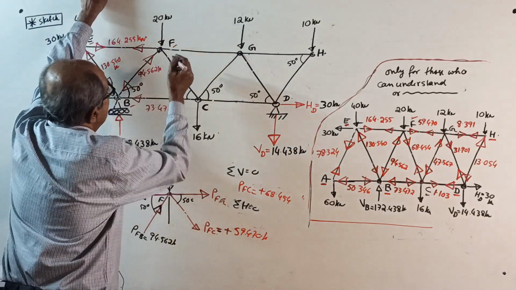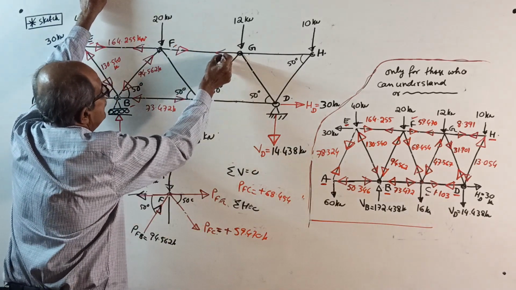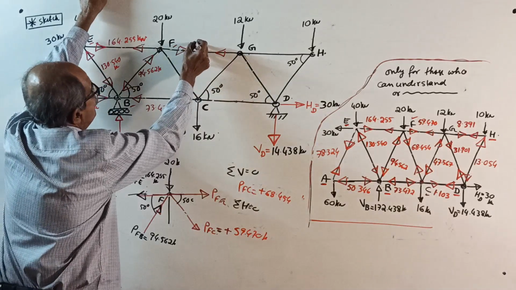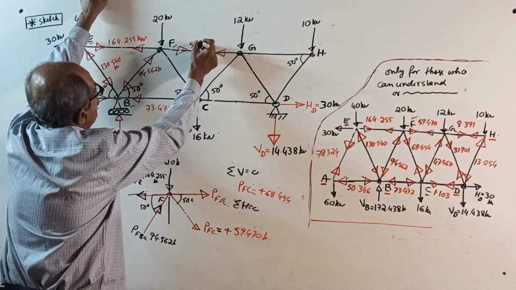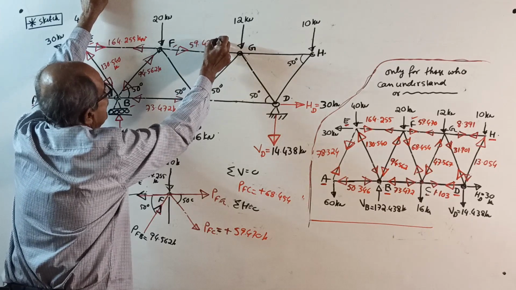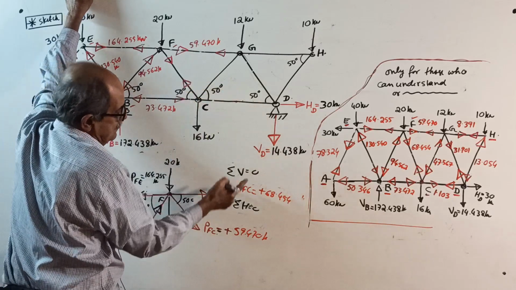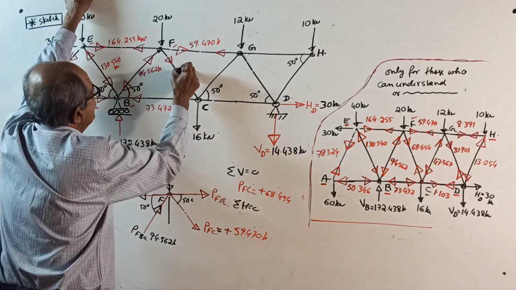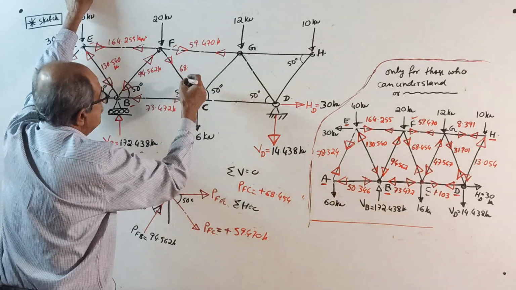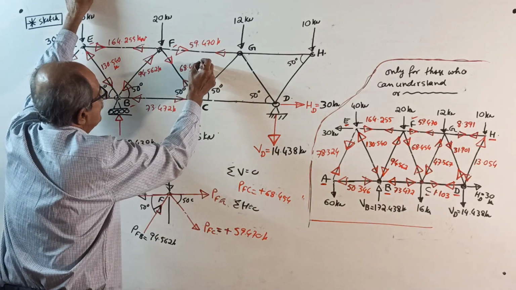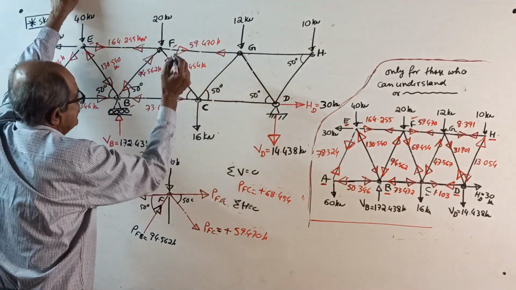So this is 59.470 kilonewton this way and opposite here, and this is 68.454 kilonewton. Okay, joint F also over.